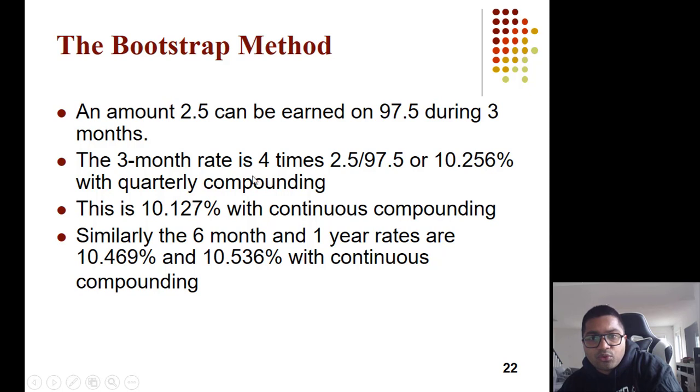So the 3-month rate is 4 times 2.5 divided by 97.5, that is 10.25% with quarterly compounding. In the previous class we saw how to convert quarterly compounding to continuous compounding. We always use continuous compounding whenever we are discussing derivatives, so you have to find the continuous compounding rate.